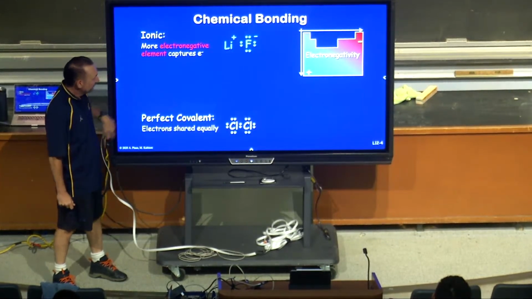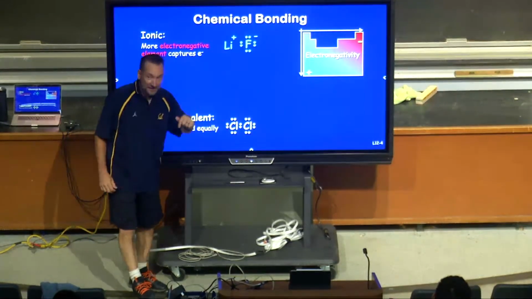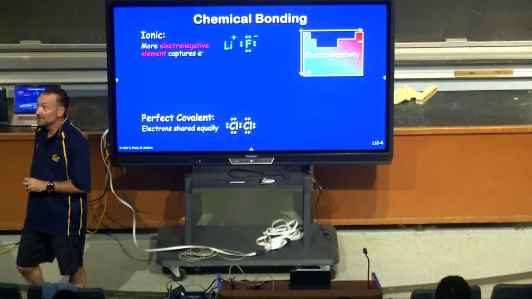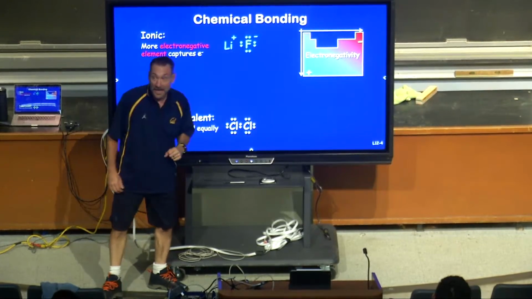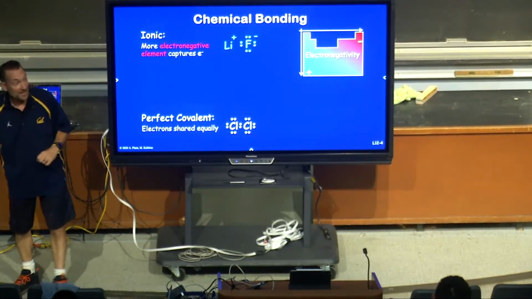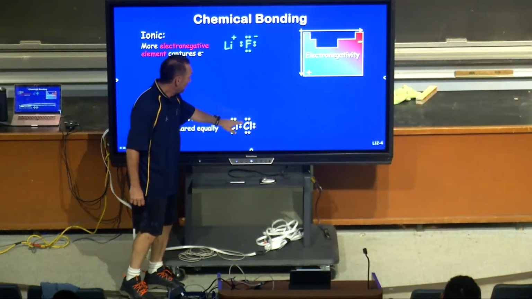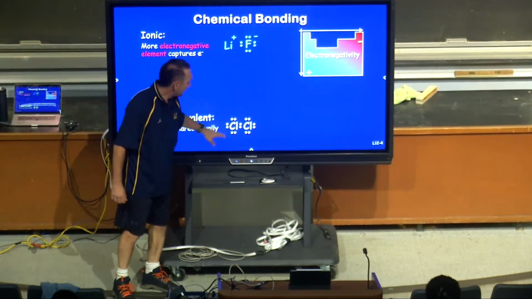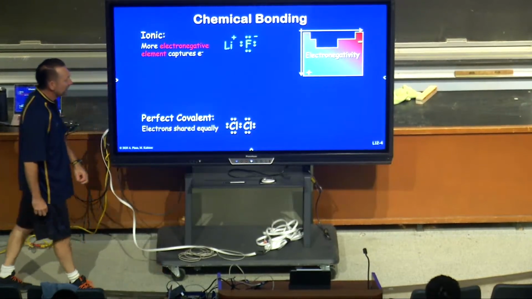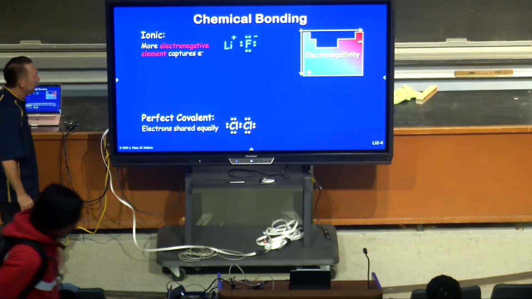We also looked at the covalent situation. With the covalent situation, there are various flavors, but they all have shared electrons to make the bond. So perfect sharing of the electrons fulfills the octet of this chlorine molecule.